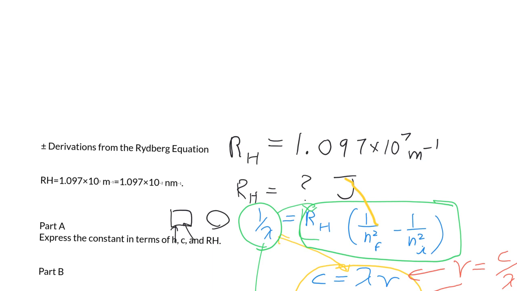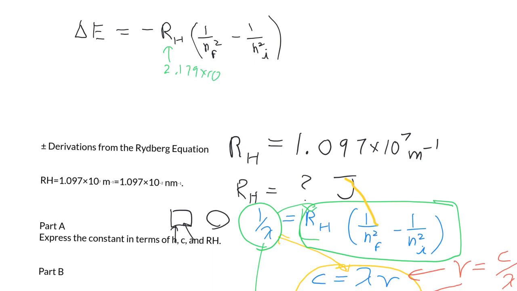Thanks to what we just derived and what we've done in lecture, we know that the difference in energy for an electron transitioning between two energy states is equal to the negative RH value times 1 over final squared minus 1 over initial squared, where the RH value is 2.179 times 10 to the negative 18 joules when we're using that energy-based formula.